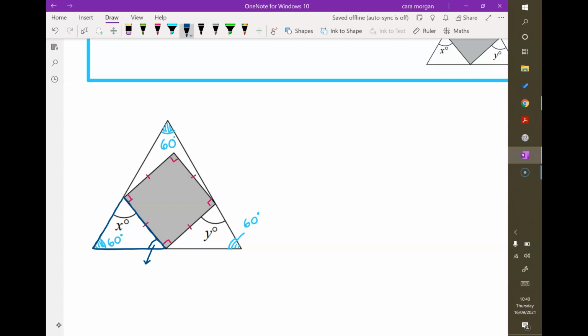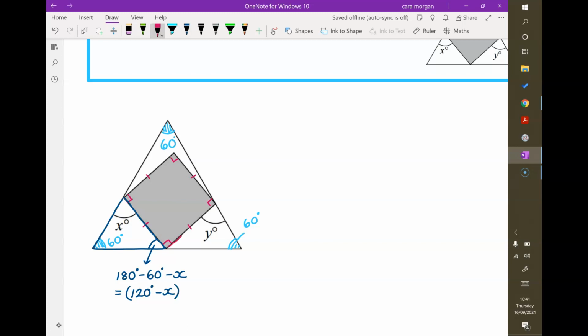I can express this angle as 180 degrees, subtract 60 degrees, subtract x. Another way of expressing that in its simplest form is 120 degrees, subtract x. That is the size of that angle.